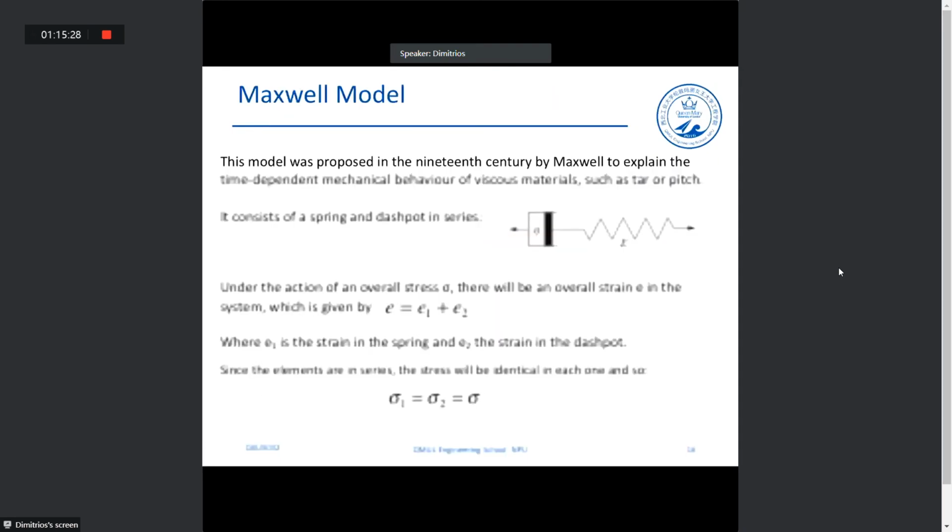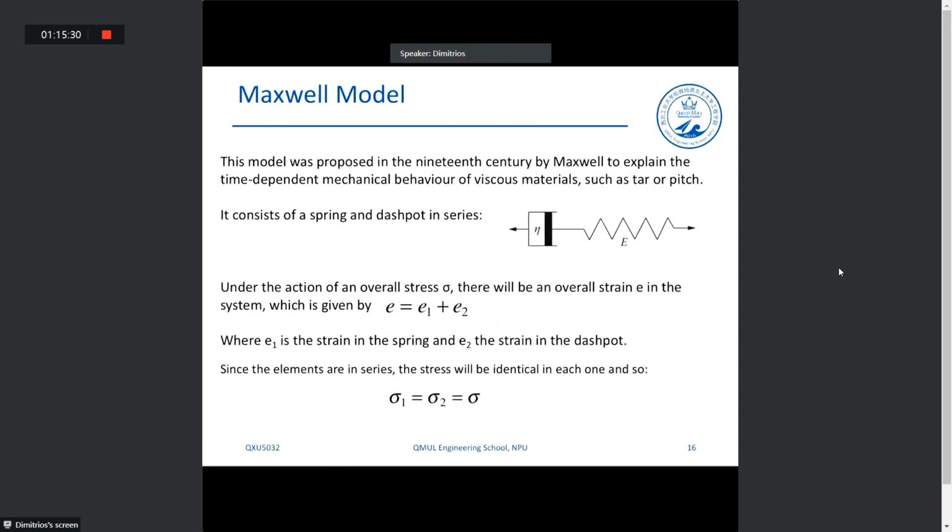Let's evaluate the Maxwell model, and let's see how the final equations for the Maxwell model are derived. These were derived essentially in the 19th century by Maxwell, and were used in order to observe the time-dependent mechanical behavior of viscous materials such as tar or pitch. So let's go to the notes.